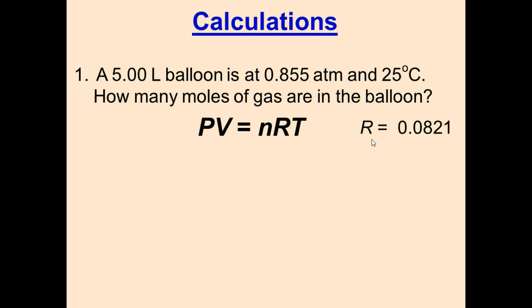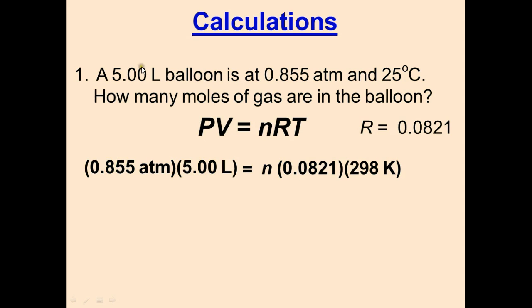Remember, R is a constant, so it's always given to us, and we have 0.0821 as R. First, we pull out what we have and plug it into the formula. 5 liters is volume, so that goes with V. 0.855 atm is pressure, which is where P is. And 25 degrees Celsius, remember, convert to Kelvin for temperature, and we get 298. Then R is given, which is 0.0821.